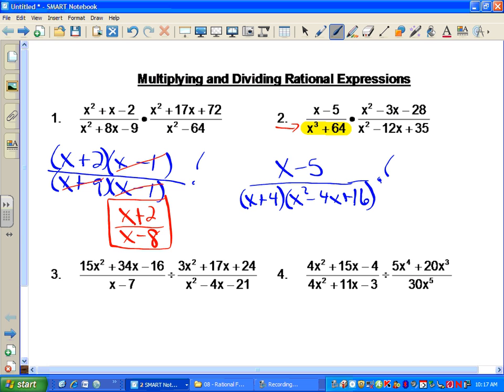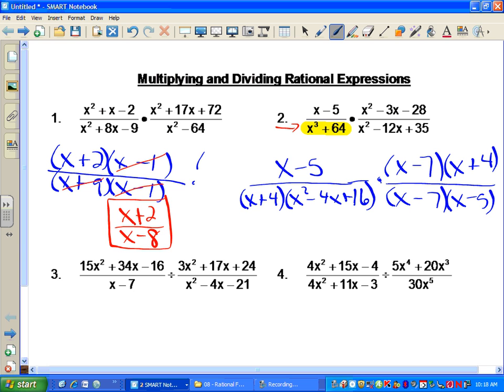The numerator, what multiplies to be negative 28 that adds to be negative 3, is x minus 7 and x plus 4. The denominator is x minus 7 and x minus 5.